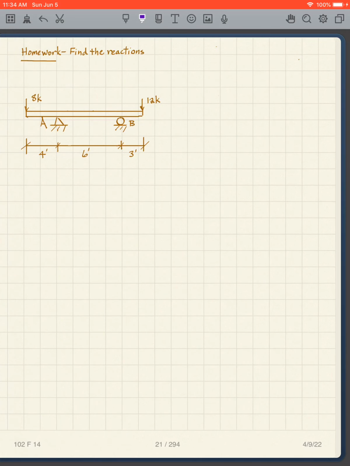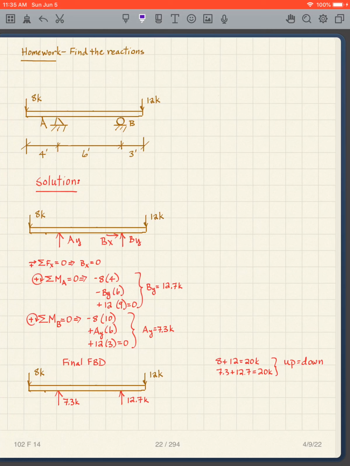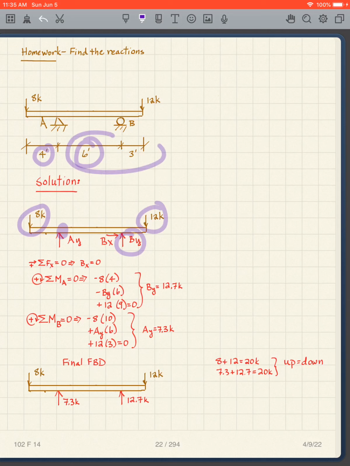Another one. Pause the video, do this one. Here's our free body diagram. I'm not going to go through it. You can all do that now. So again, moments about A. It's going to be 8 times 4, BY times 6, 12 times 9.